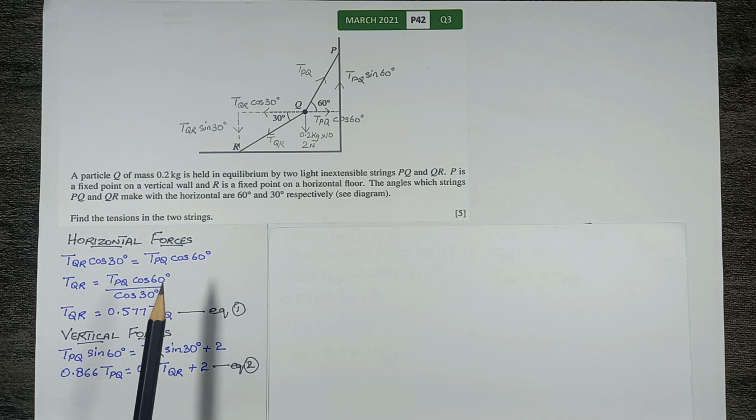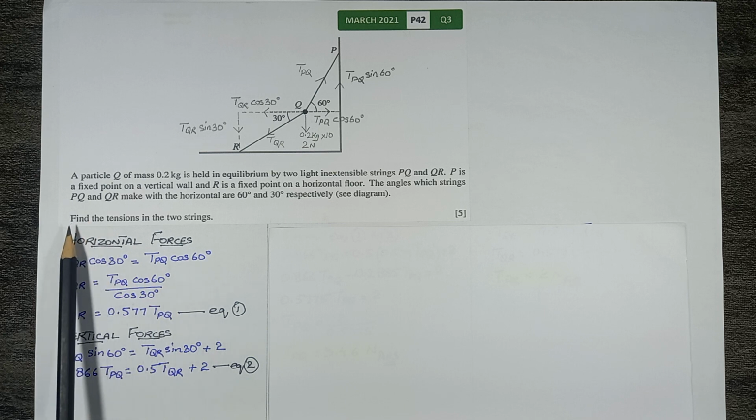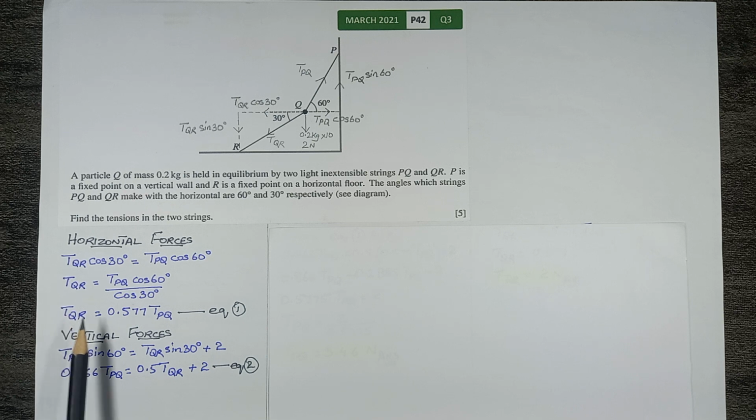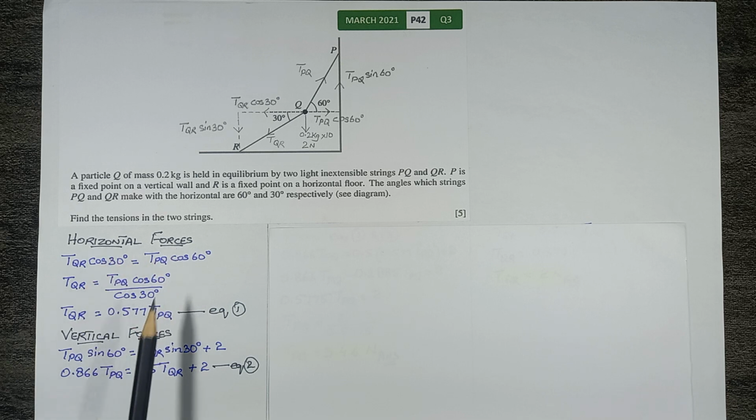In the question they asked us to find the tensions in the two strings, so we have to find the values of TQR and TPQ. This equation was based on horizontal forces. We will create one more equation based on vertical forces.